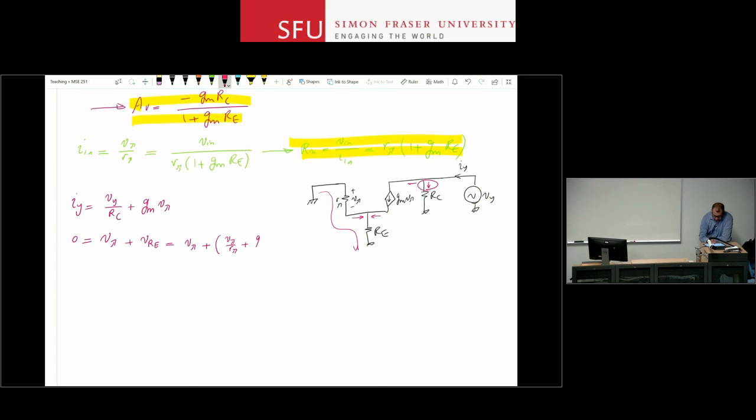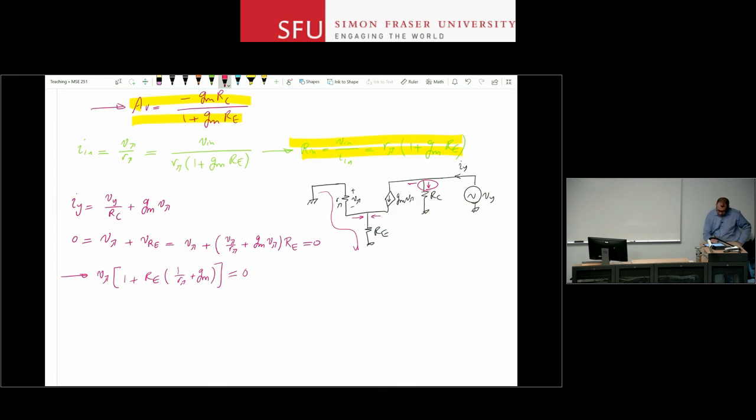Current from the collector side is GM V pi, times RE, and that's 0. Okay? Now, I can see that V pi times 1 plus RE times 1 over R pi plus GM is 0. So what does that mean?